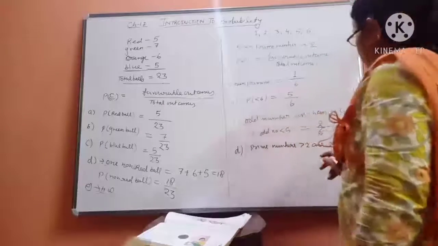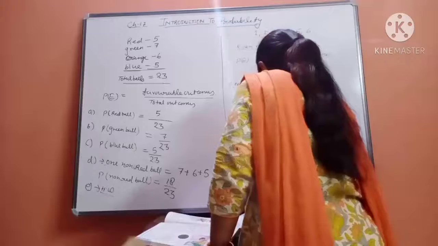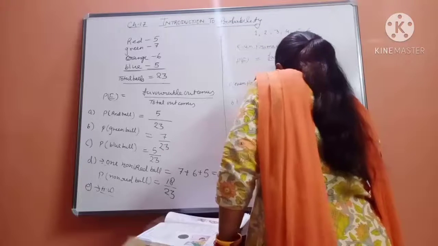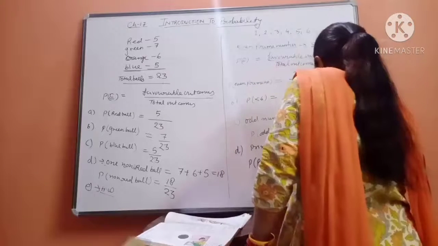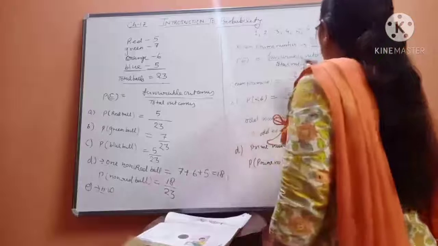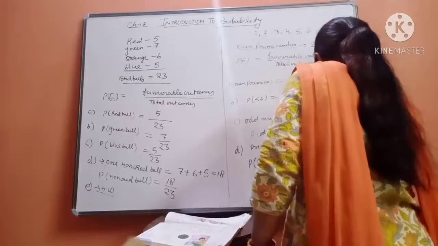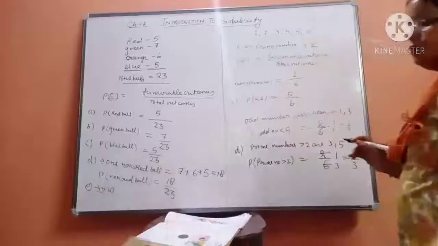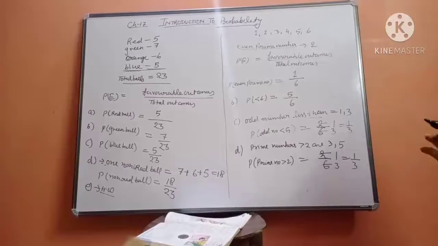So what will be the probability of a prime number greater than 2, how many chances will be there? 2. Favorable outcomes 2 upon total outcomes 6. So cancel it. 2 ones are 2, 2 threes are 6. So 1 upon 3. Always, if it is possible to write the fraction in the lowest form, you just cancel and write the fraction in the lowest term.